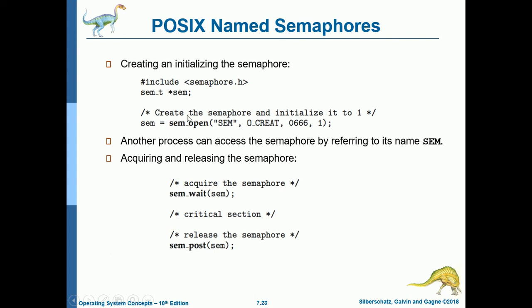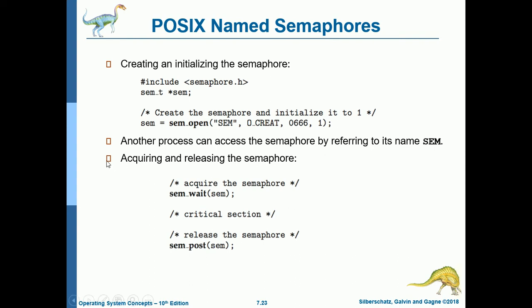To create the semaphore and initialize it to 1, sem is equal to sem_open, with the parameters "SEM", O_CREAT, 0666, and 1. This is for creating and initializing the semaphore with sem_open. Another process can then access the semaphore by referring to its name, "SEM", in all capital letters.